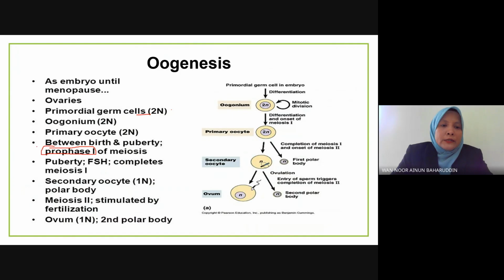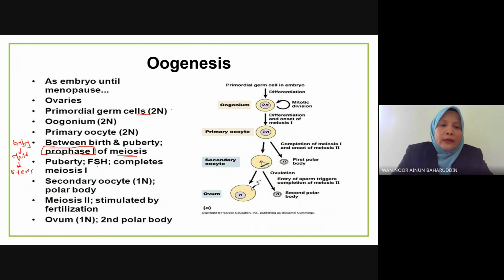This means after the baby is born, through childhood, and before puberty, maybe when a girl is almost 8 years old, the primary oocyte in the mechanism of oogenesis only undergoes meiosis up to prophase 1.